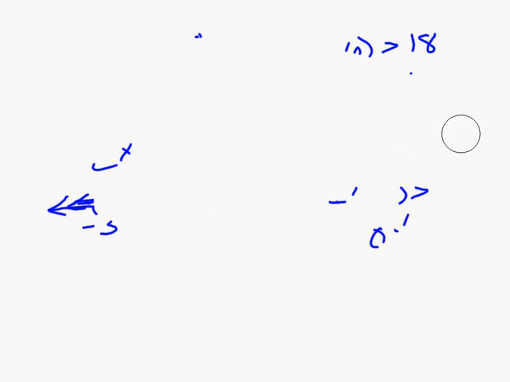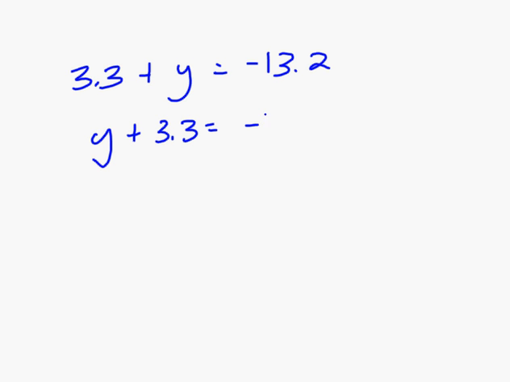All right, looking at number 5, we have 3.3 plus y equals negative 13.2. I could rewrite this using the commutative property, so this would be y plus 3.3 equals negative 13.2.